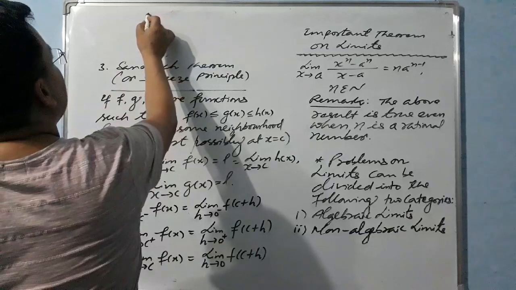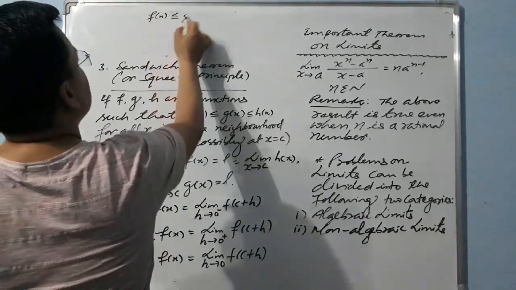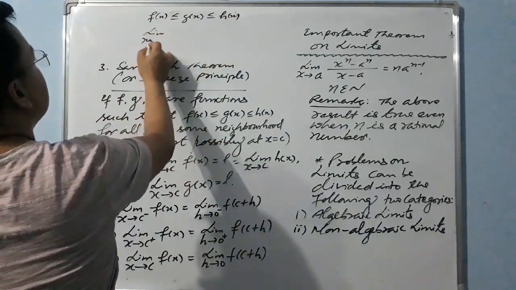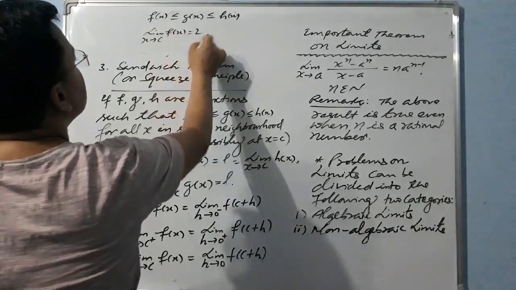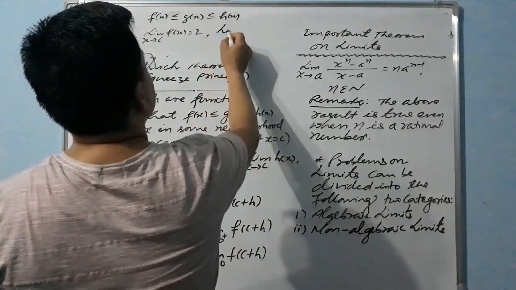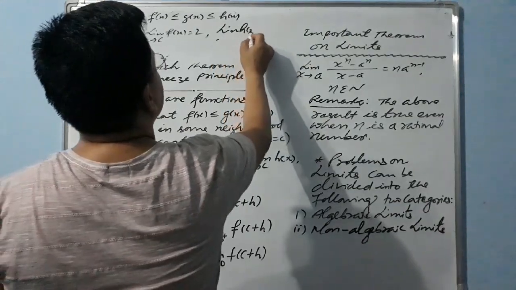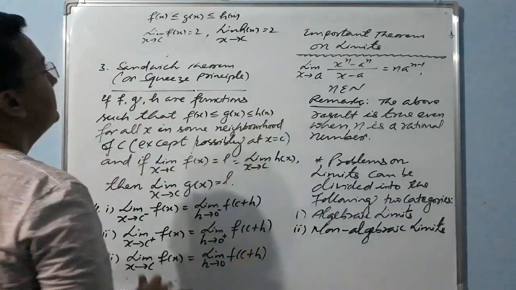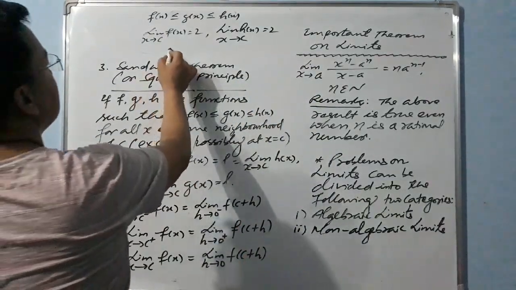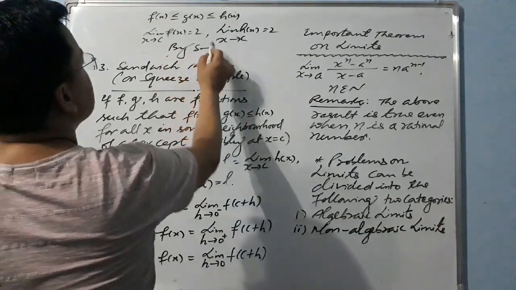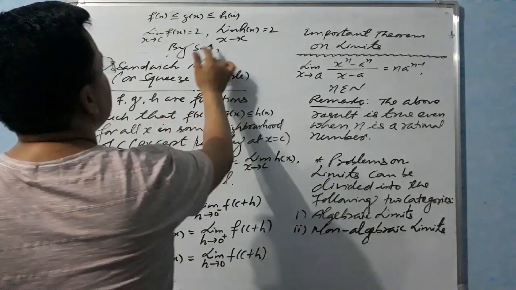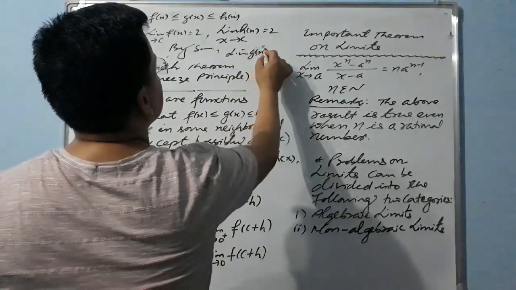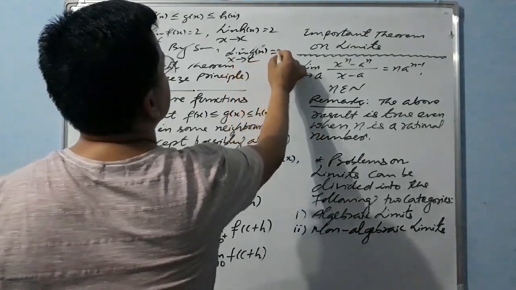Suppose we have f of x less than or equal to g of x less than or equal to h of x. If the limit as x tends to c of f of x is equal to, let's suppose, 2, and the limit of h of x as x tends to c is equal to 2, then by the sandwich or squeeze principle, the limit of g of x as x tends to c is equal to 2.